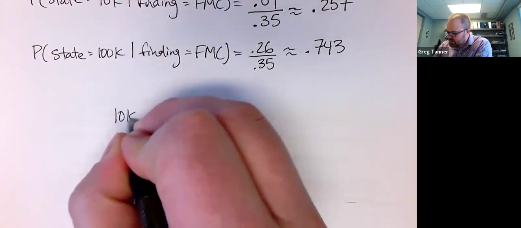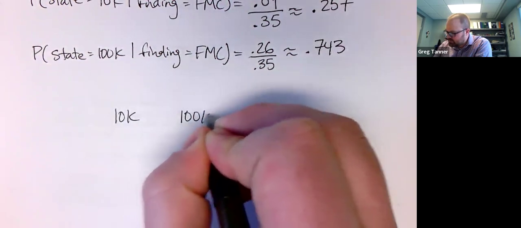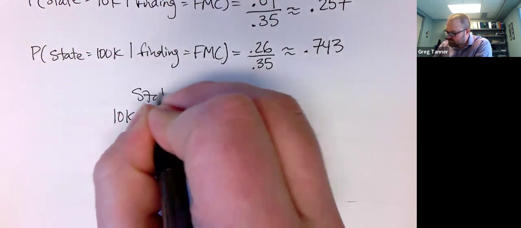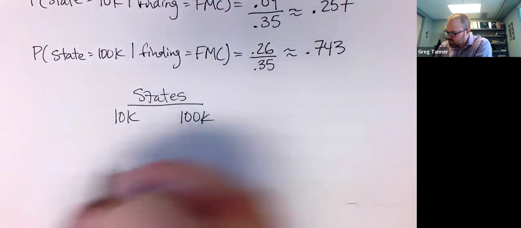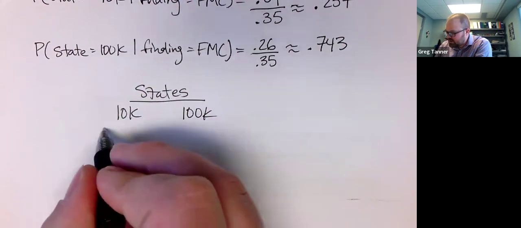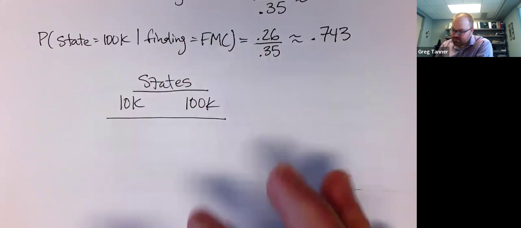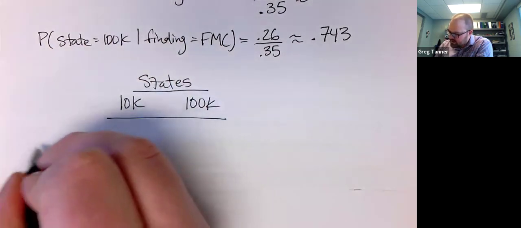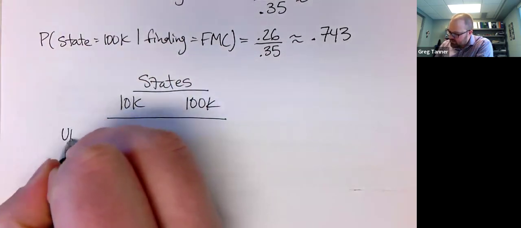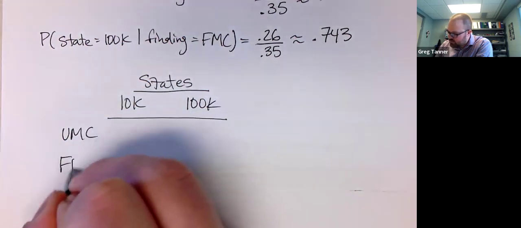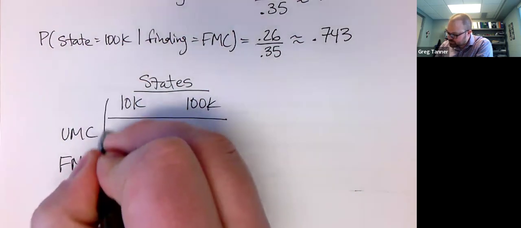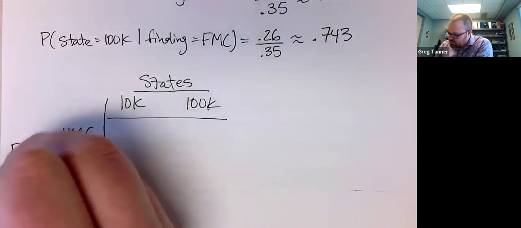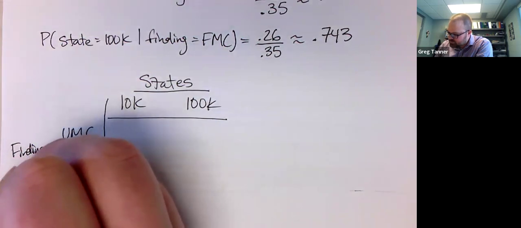So 10K and 100K. These are our states. And then let's look at our two findings. So these are not our alternatives at this point, but our findings. We can either have unfavorable market condition or favorable market condition. These are our findings.